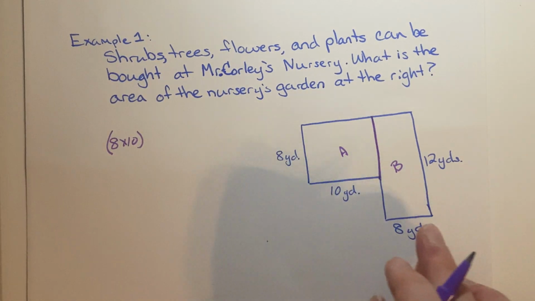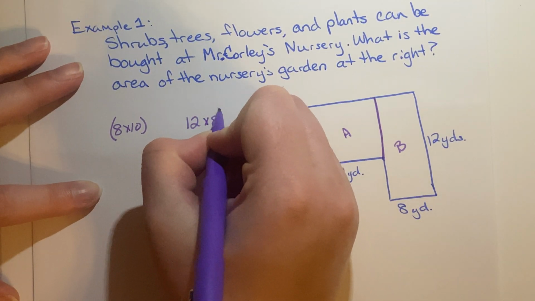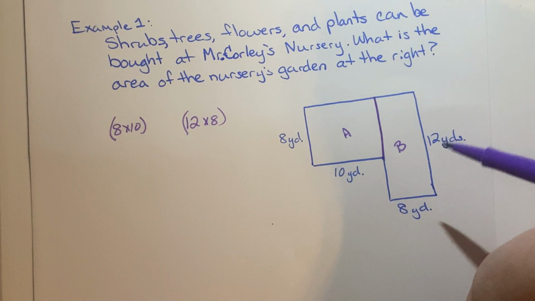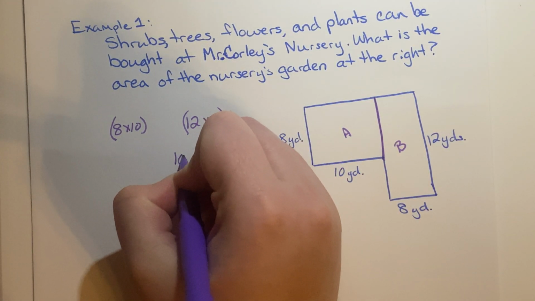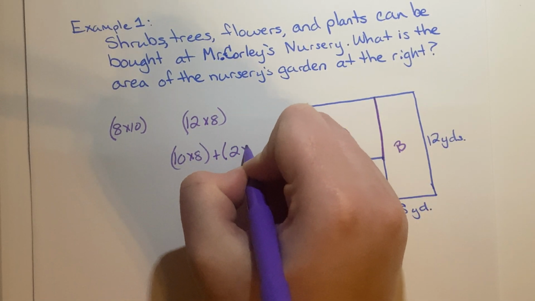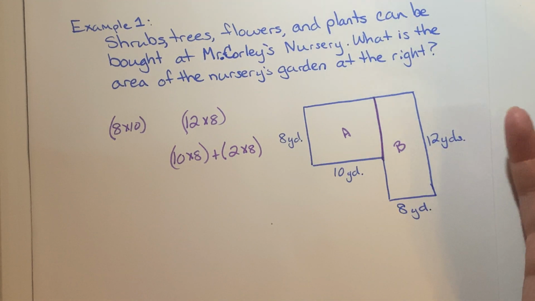And for my rectangle B, I know it's going to be 12 and 8. Ooh, 12 and 8 is a little bit harder. So I'm going to break this 12 down into two things that I know. I know 10 and 8 and 2 and 8.